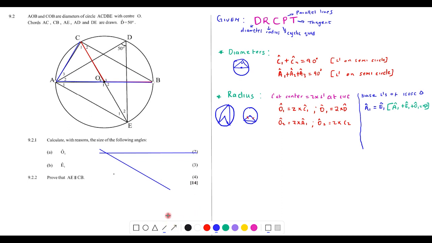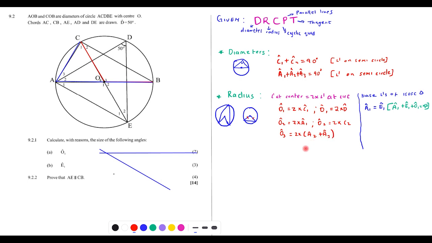So we will then say that O3, which is the angle at center, is 2 times A2 plus A3. All right, let me just write it so that it can be clear. A2 plus A3. Right, now is there an isosceles triangle here?